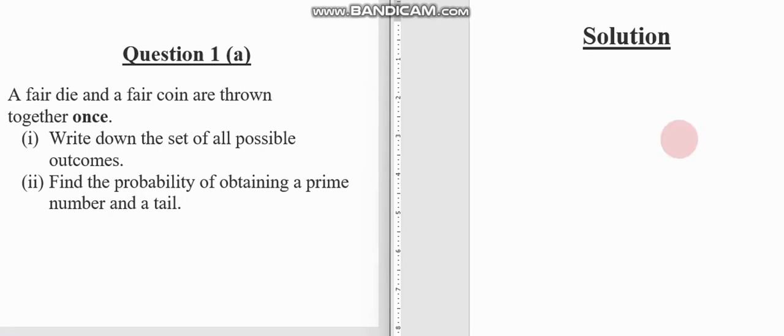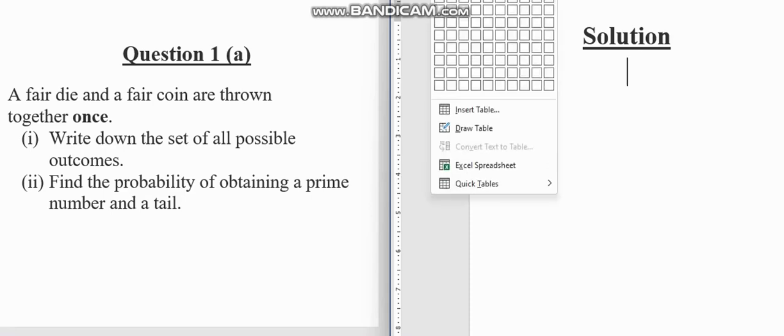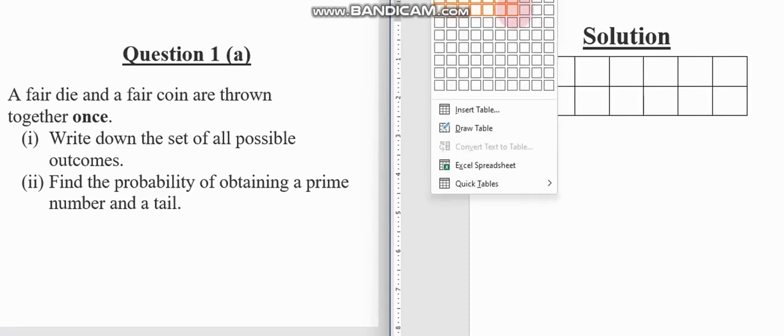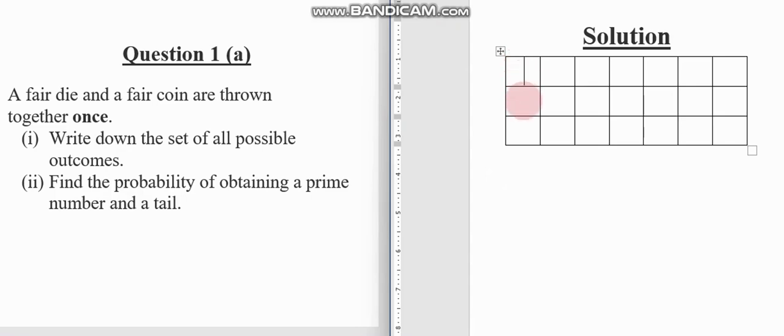Okay, so this question is a probability question which comprises throwing a fair die and then a fair coin together at once. So what we are going to do is to put this in a table form. So let me show you how this can be done. You put this side as head and this side as tail.